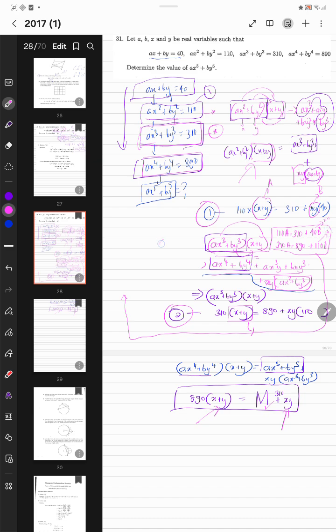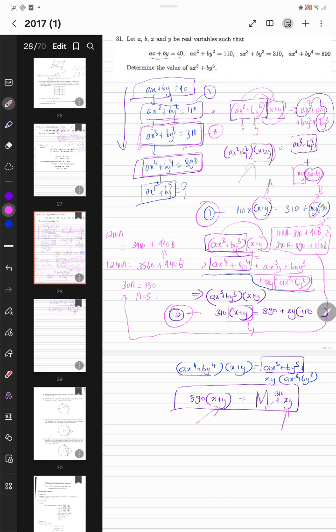We would end up with 440b plus 3410 is equal to 1210a, and 1240a is equal to 3560 plus 440b. Then we just have to subtract this from here and we would end up with 30a is equal to 150. So a is equal to 5.